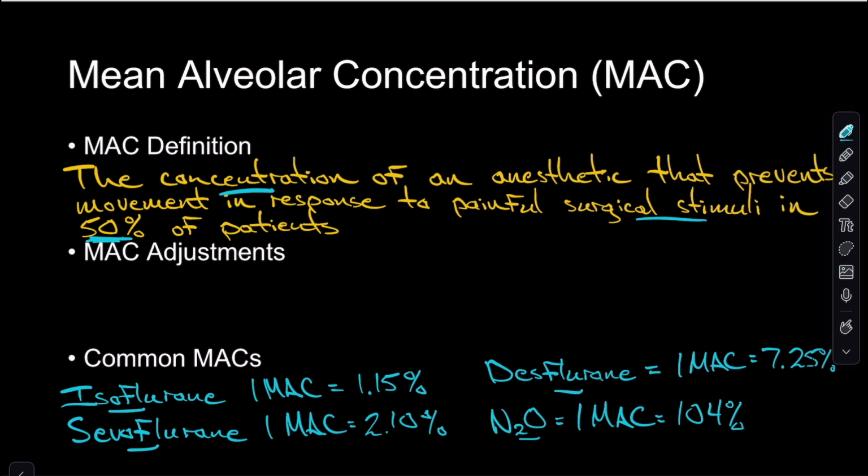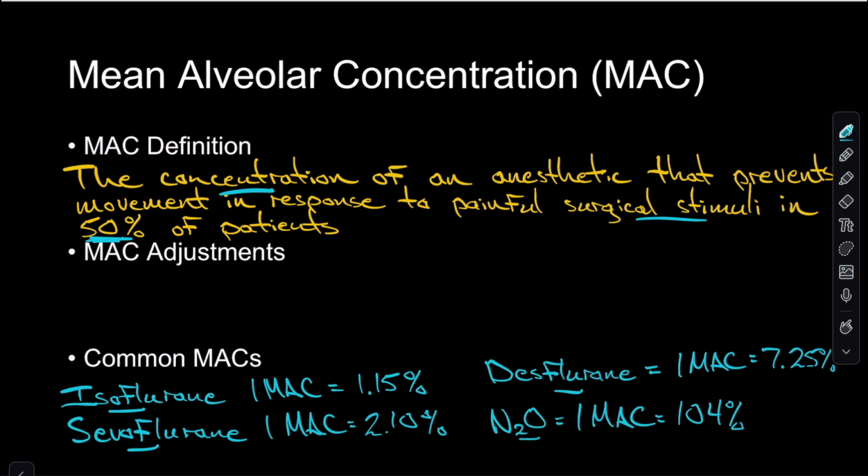And then if you are at 1 MAC, which prevents movement in 50% of patients, and you also have fentanyl being used, or propofol or some other agents, then around that 1 MAC value you can anticipate that the patient would be deep enough in anesthesia to have no recall and limited movement enough to perform the surgical procedure.